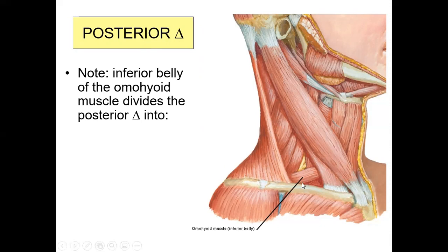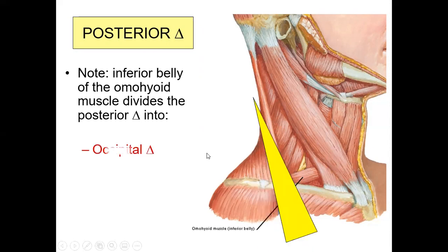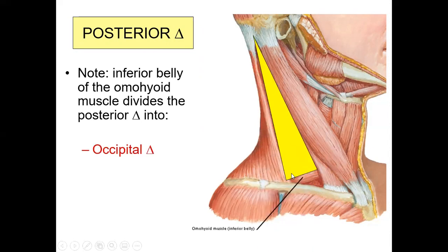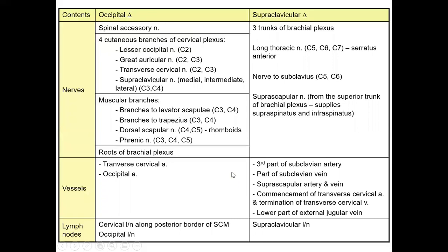The inferior belly of the omohyoid muscle divides the posterior triangle into the occipital triangle, this yellow colored area here, and the supraclavicular triangle. So these are the contents of this posterior triangle.